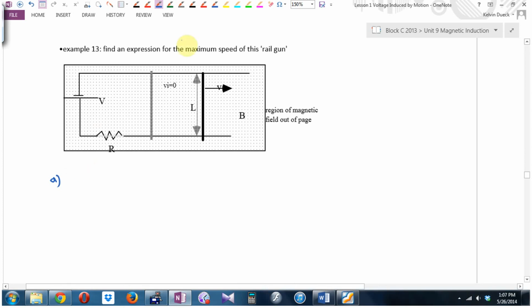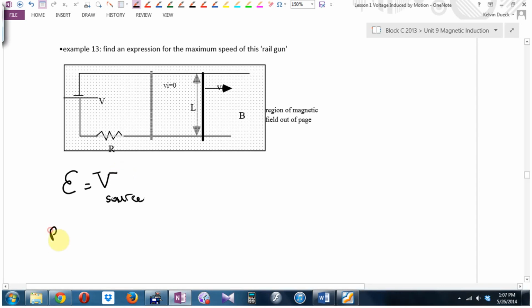So for maximum speed, here's our argument. I'm not going to call it part A. First of all, maximum speed occurs when induced equals source. Let's go further than that.